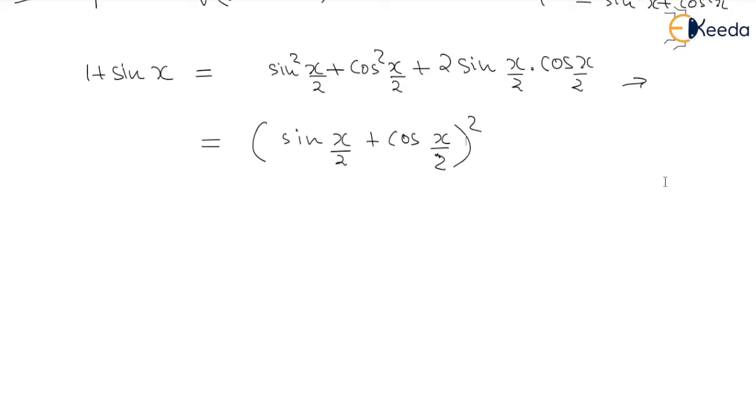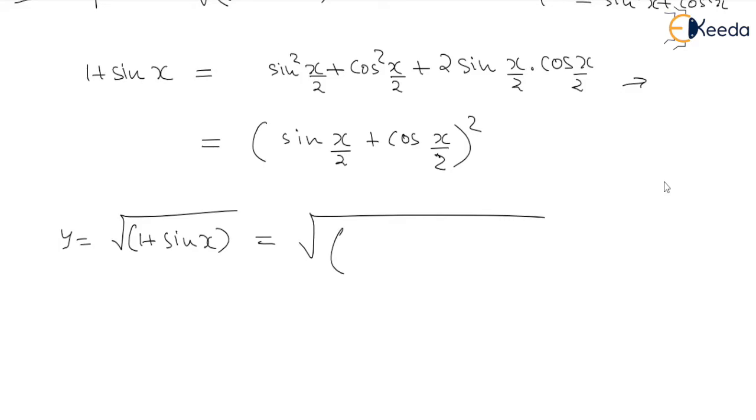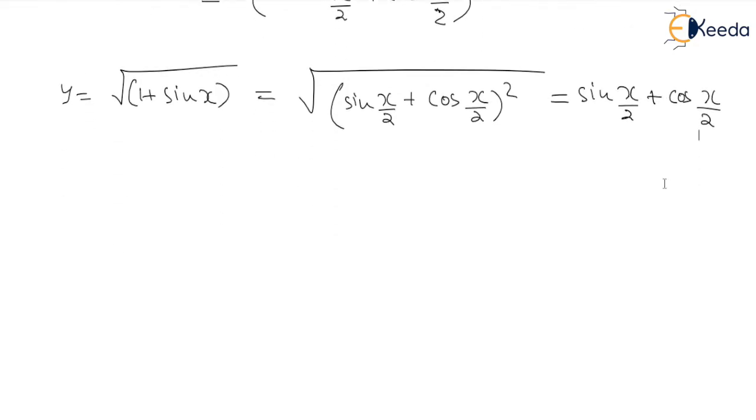So if we say that y is under root of 1 plus sine x, this can be written as under root of sine x by 2 plus cos x by 2 whole square, which will be sine x by 2 plus cos x by 2. So this is our y.